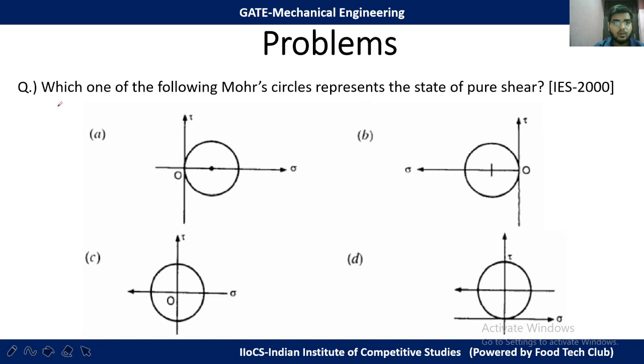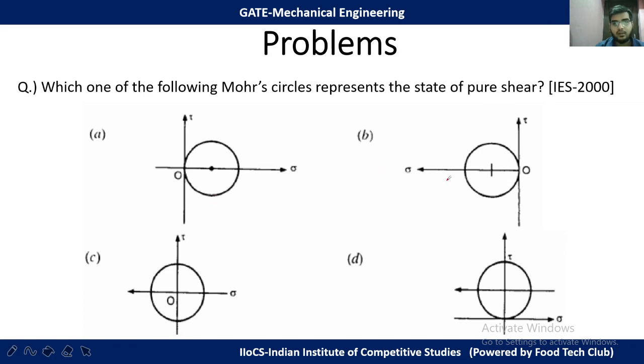Here it is given: which one of the following Mohr circles represents the state of pure shear? Here only shear stress is acting, no axial stress is acting, so sigma x and sigma y will be 0.